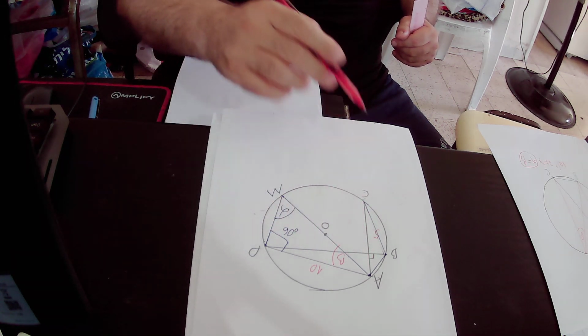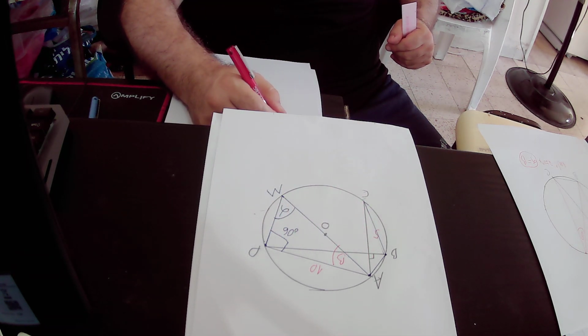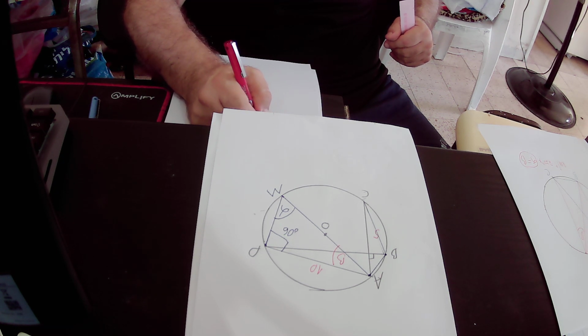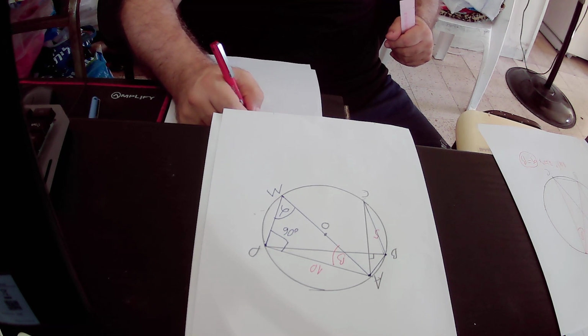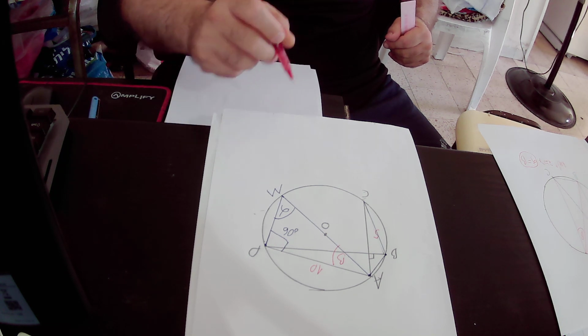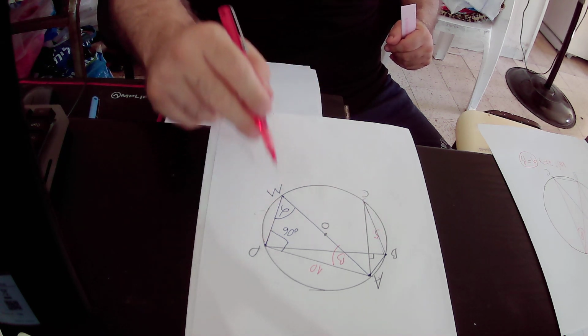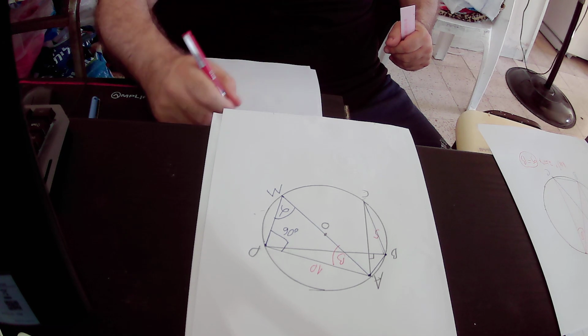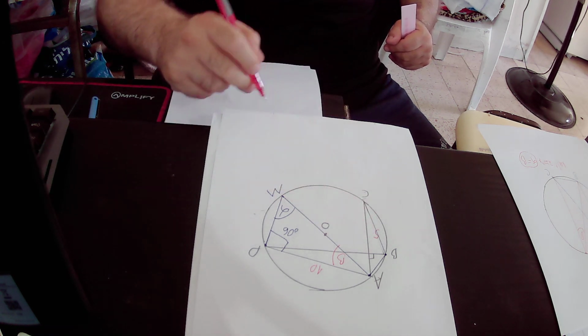I will write it down: peripheral angle AMD, that equals angle alpha, rests on chord AD.